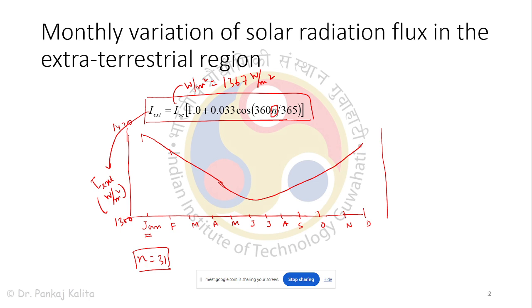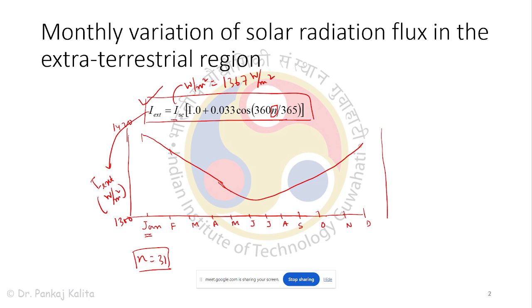Similarly, for any day of the year, say Feb 28, n will be 31 for the days in January, plus 28. So on any day of the year we can calculate the extraterrestrial solar radiation flux.